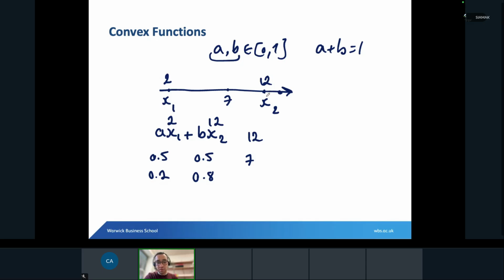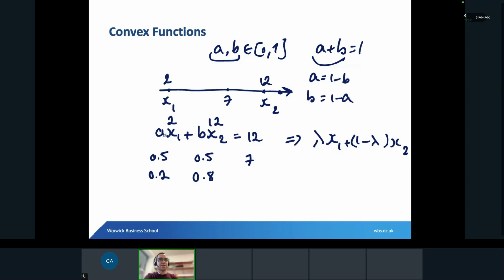It is so simple, mathematically, to see that it gives us a value between x1 and x2. So what we write here is lambda x1 plus (1 minus lambda) x2. I used a and b here, but this is lambda. So a plus b is equal to 1, which means that a is equal to 1 minus b, or b is equal to 1 minus a.